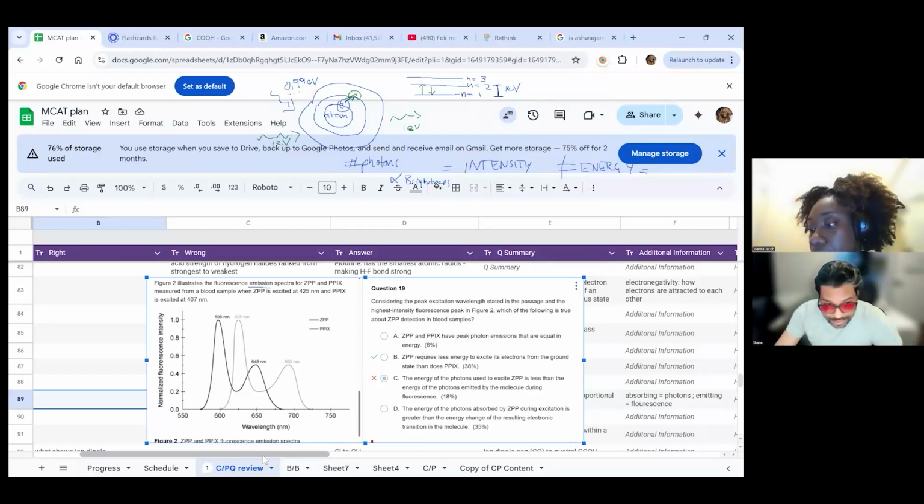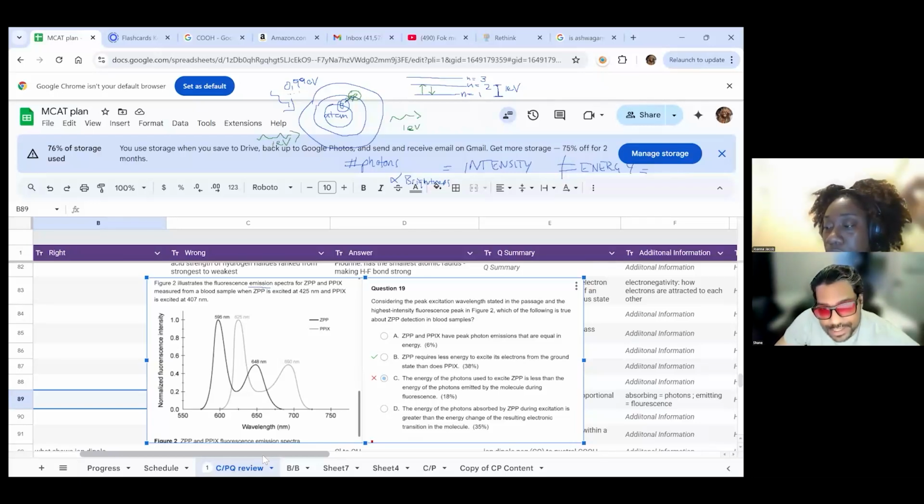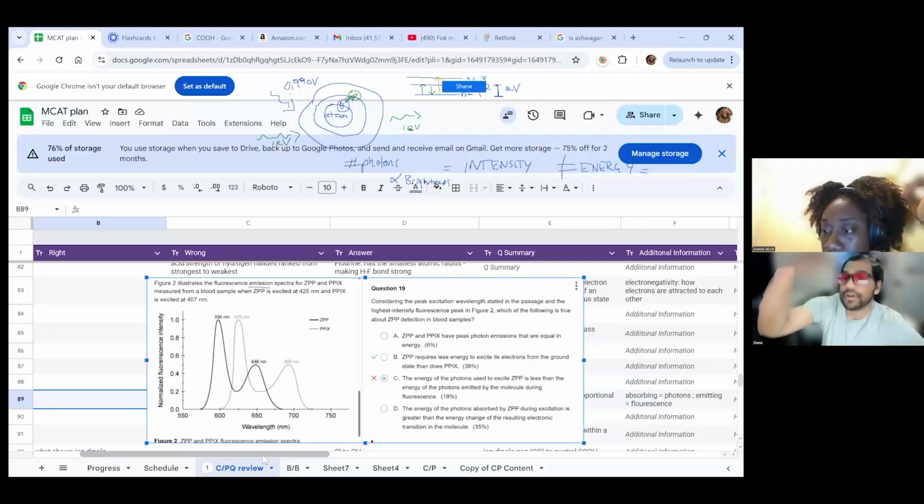So now fluorescence is a specific instance of emission. Now, let's say that we had a photon of an even higher energy level. Let's say it brings it up to n is equal to 3, the third shell outward.